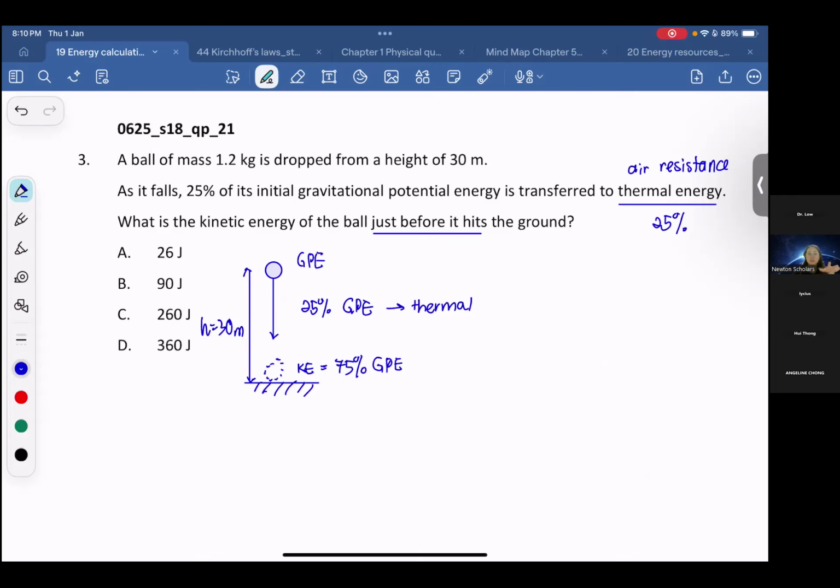If you want to count the 25% thermal, you can also, but after you calculate the thermal, which is the loss, you still need your initial GPE value minus the thermal answer, then you get the kinetic energy. So if you understand the concept, you can just use the GPE that you get times 75%. That's all. Can you try? At the same time, I'll take some attendance. If you already tried, please type the answer in the chat box.